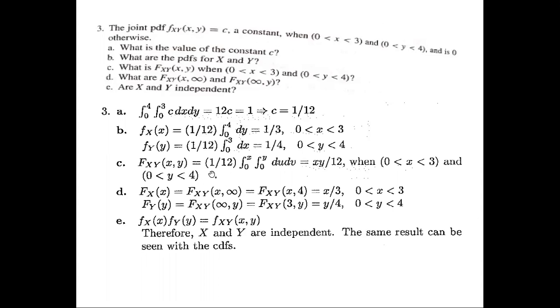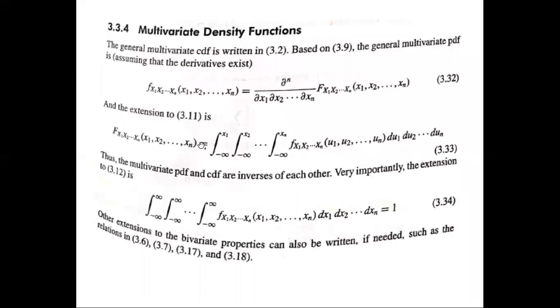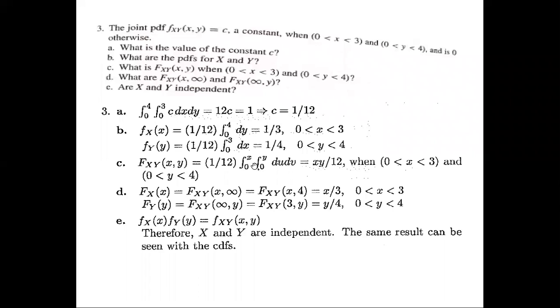The CDF will be the integration of the PDF. We know very well how we have written the CDF: minus infinity to x1, minus infinity to x2, up to minus infinity to xn of the PDF. Since we have two variables only, there will be two integrals, and the PDF is c, which is again 1 by 12.